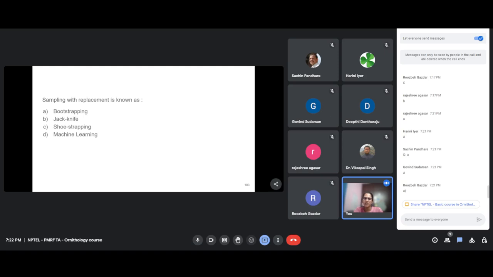Okay, so all of you have said correct. It is B. Oh, jackknife is actually a technique of sampling. Anyway, so does anyone want to explain what is bootstrapping?